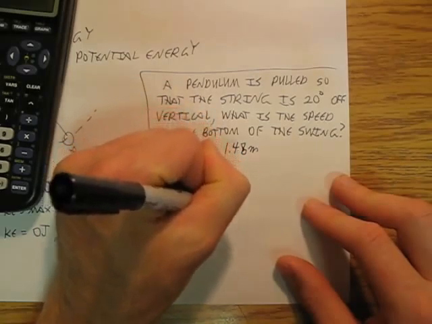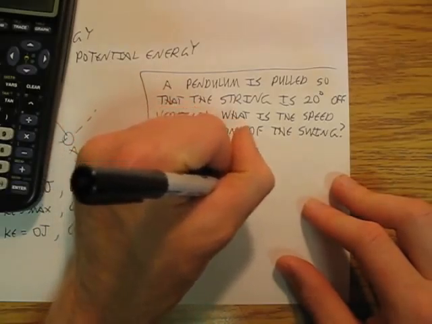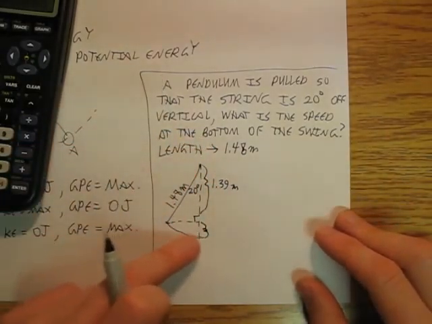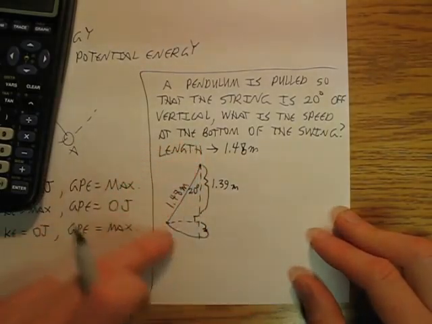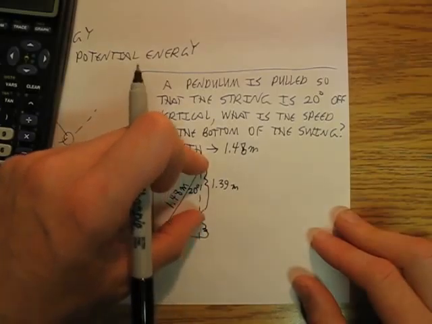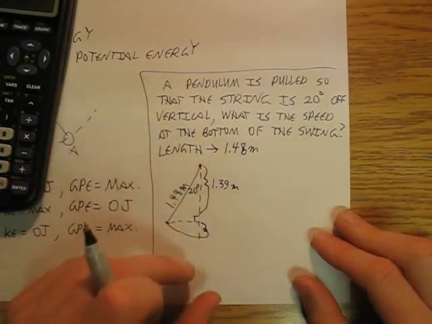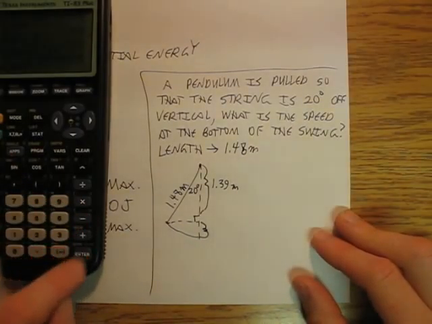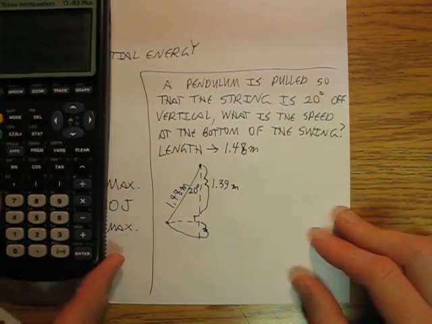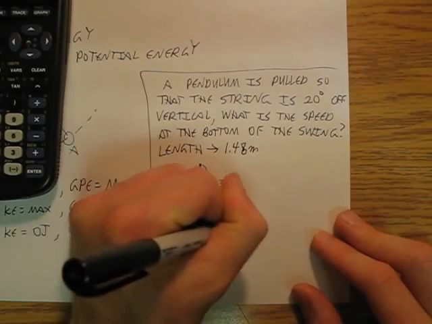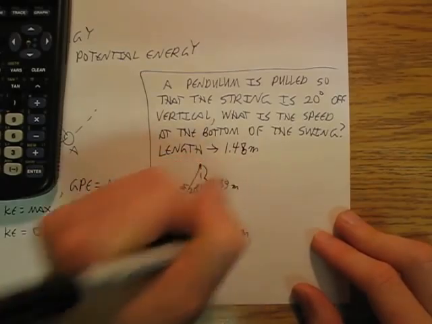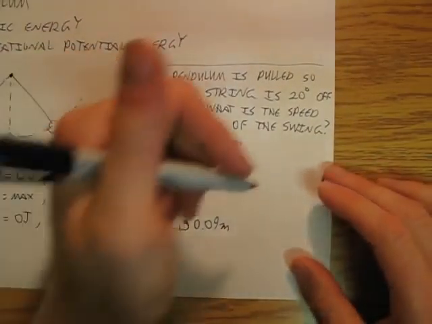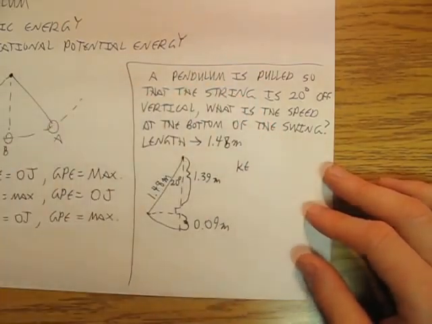So this here is going to be 1.39 meters, and if the pendulum was just hanging straight down, this would be 1.48 meters, but now it's 1.39 meters, so the difference there is 0.09 meters.